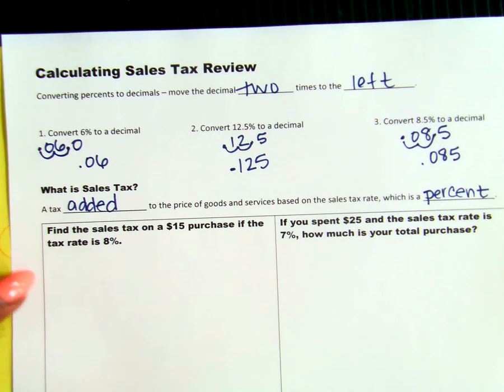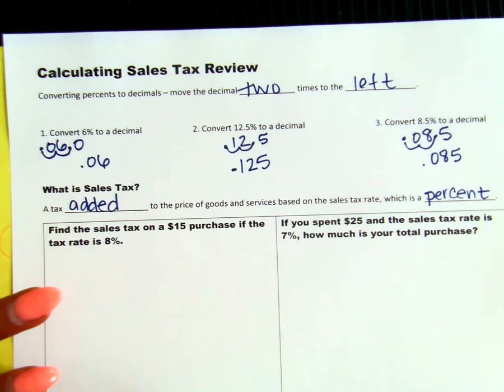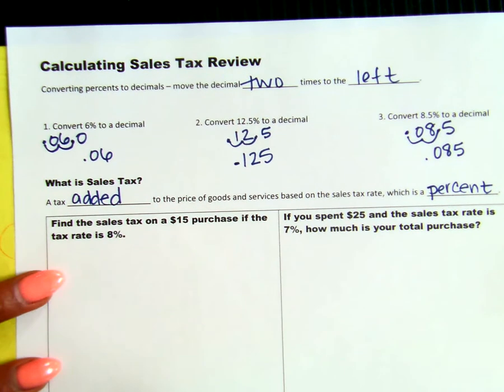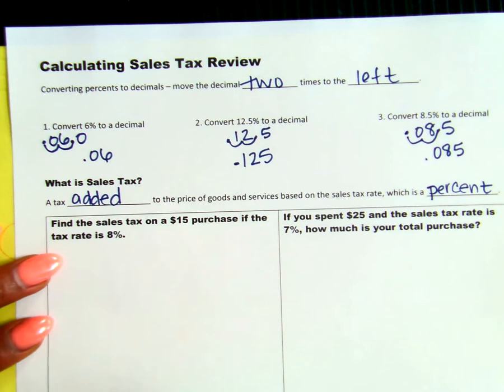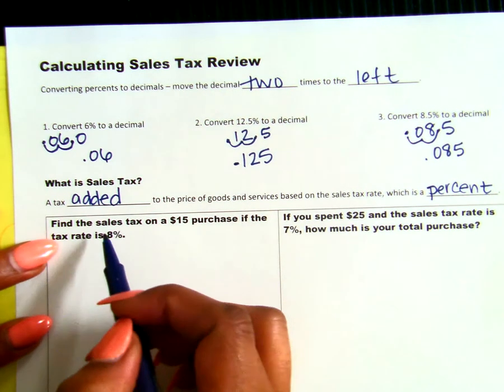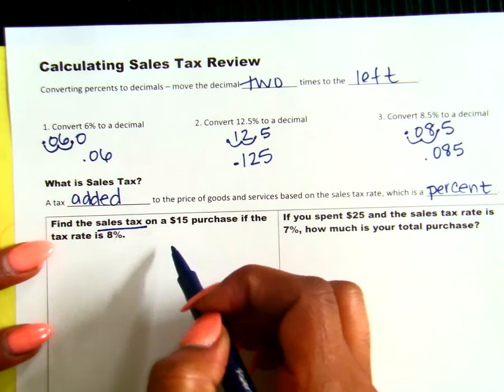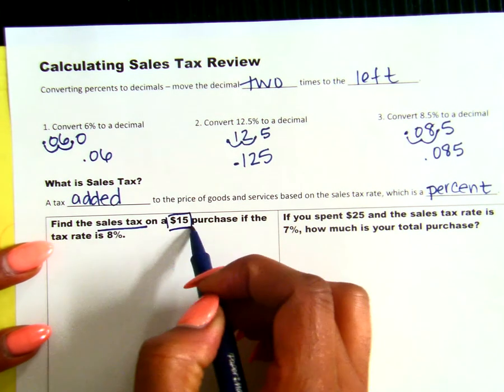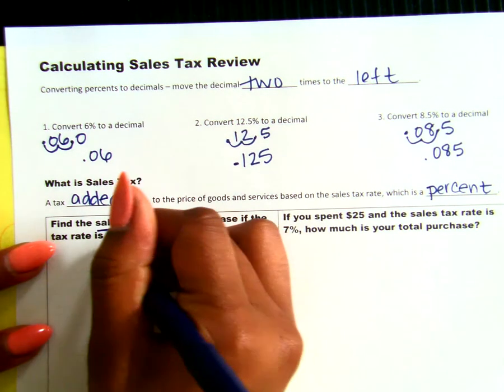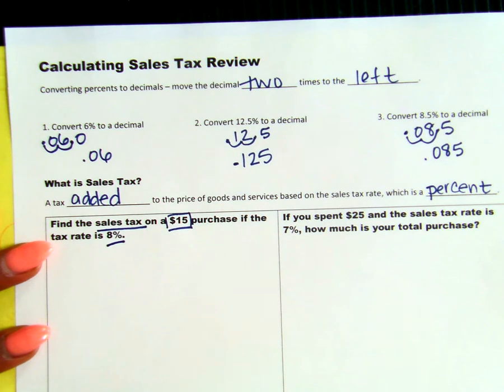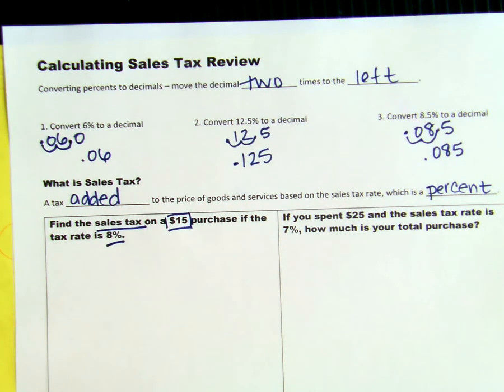Let's take a look at this first question here. We need to find the sales tax on a $15 purchase if the tax rate is 8%. So for this one, we are just finding sales tax, okay? Our price is $15, and our tax rate is 8%. So let's get into the habit of doing a quick little chart to figure out our sales tax and our total, okay?